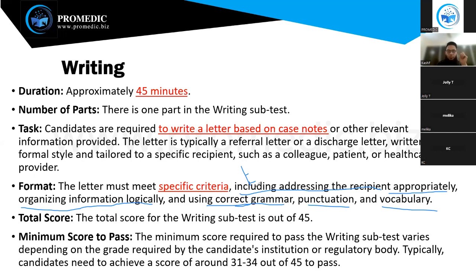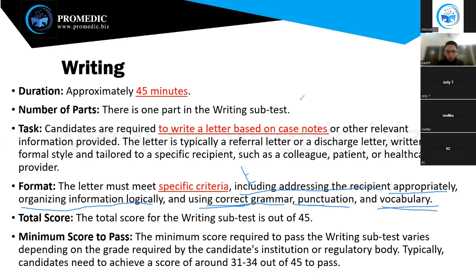If you are stating multiple different kinds of treatments, you have to put commas. If there is a disease, you have to start it with a capital letter. If there is an abbreviation, you have to write that abbreviation in capital letters. So what you have to focus on in writing is that you are using correct grammar, punctuation, and vocabulary. It doesn't matter if you have messed up any medical knowledge or whatever. You will be assessed on your English skills, not your medical knowledge.